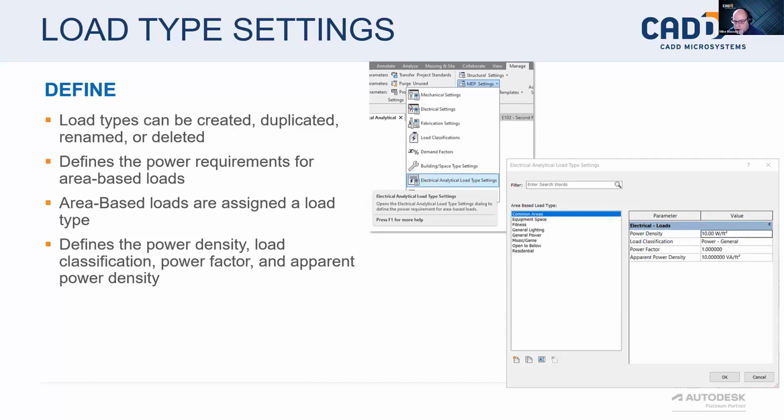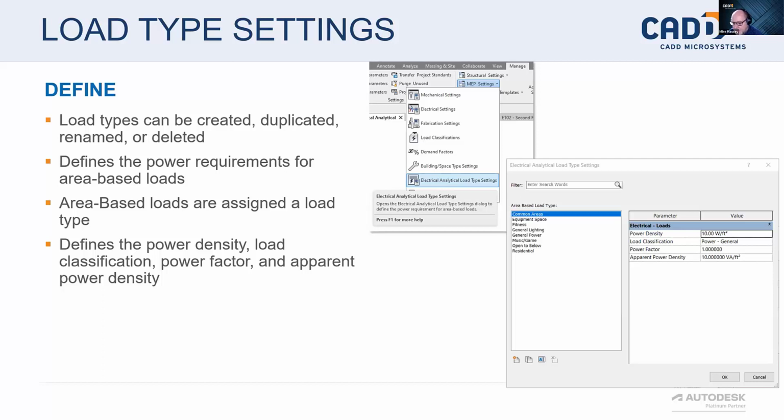And I would recommend creating a load type setting for each type of space that you have. Depending on your project, depending on what type of building it is, you may have common areas, or resident areas, or office areas, or different types of areas in your building that will require different electrical loads. For each one of these, we can create and assign the power density for that type of space.